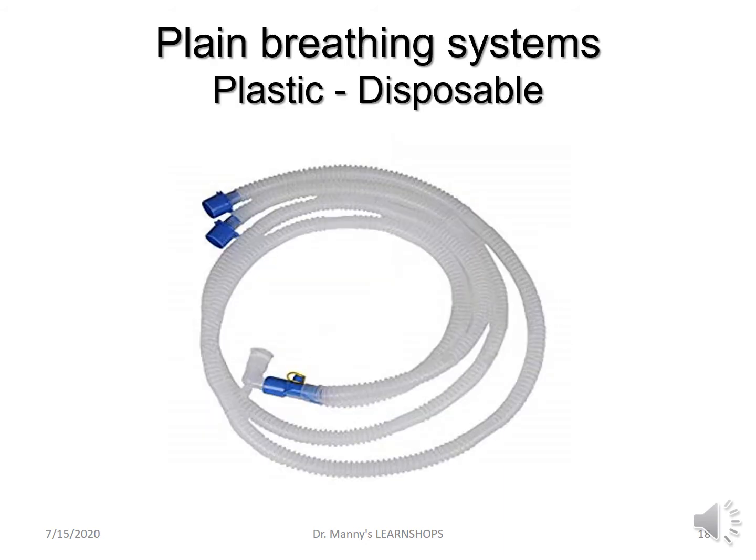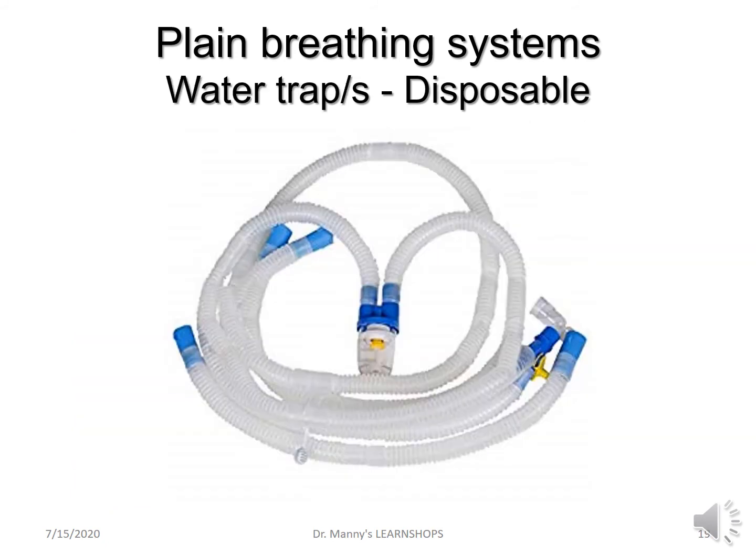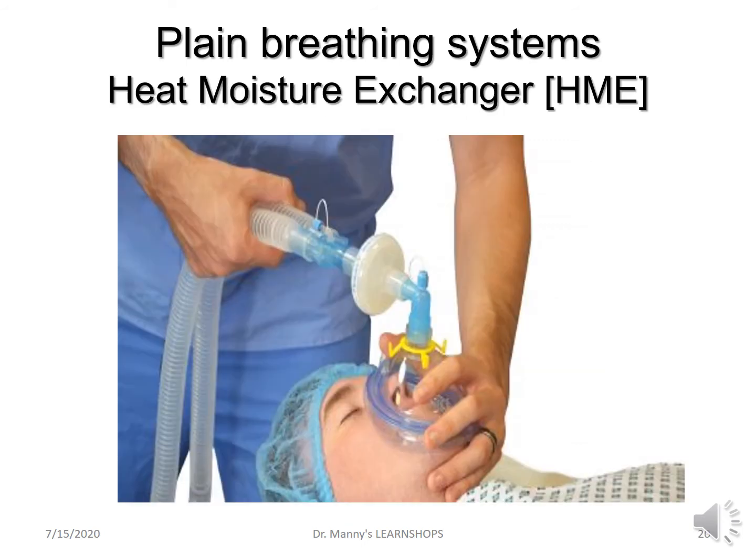Plain breathing circuits are plastic and disposable. You've got plain breathing circuits and systems that have got water traps in them, also disposable. You've got plain breathing systems that have got heat moisture exchangers in them, HMEs.